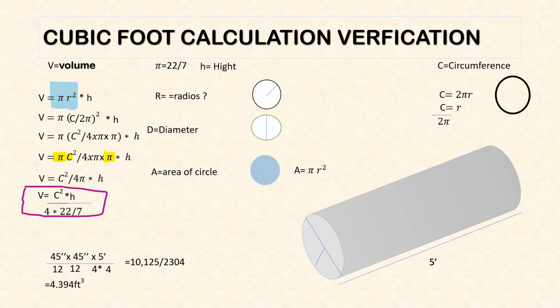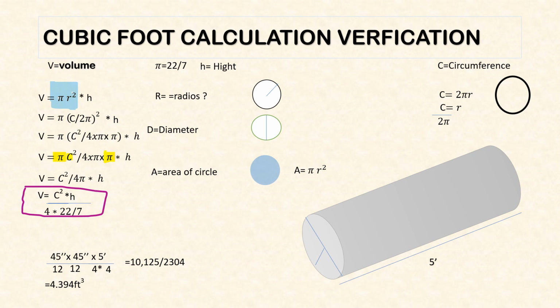So when we analyze further, we may write the same formula again as V equals π within brackets C squared divided by 4, that is 2 into 2, and π into π, that is π squared. Now we have expanded it, and close bracket into H. H remains as it is.